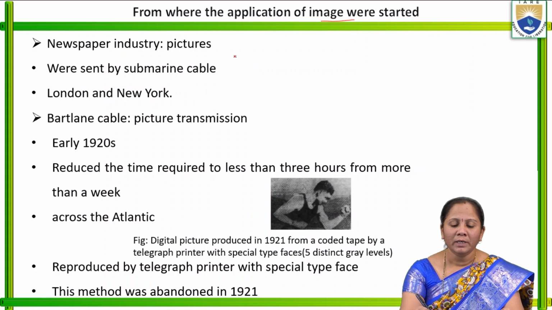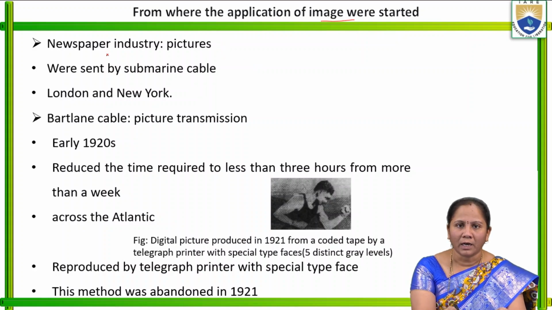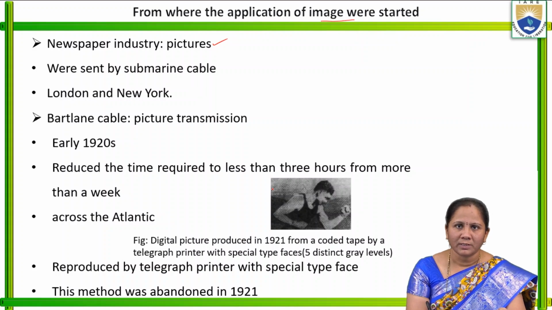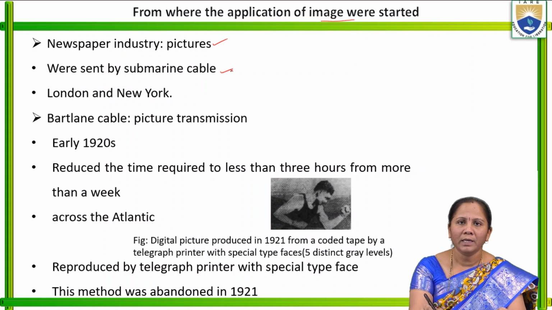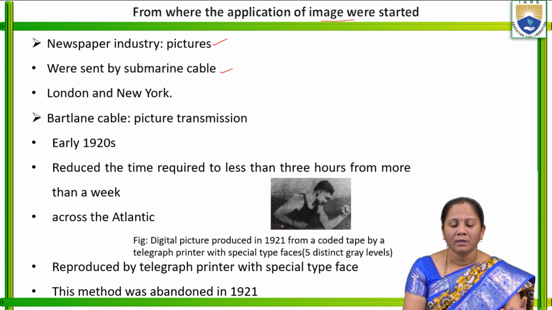Initially, the image processing concept started in the newspaper industry in order to capture pictures, and these pictures were sent through a submarine cable between London and New York. This is where the first application of images started, that is in the newspaper industry.